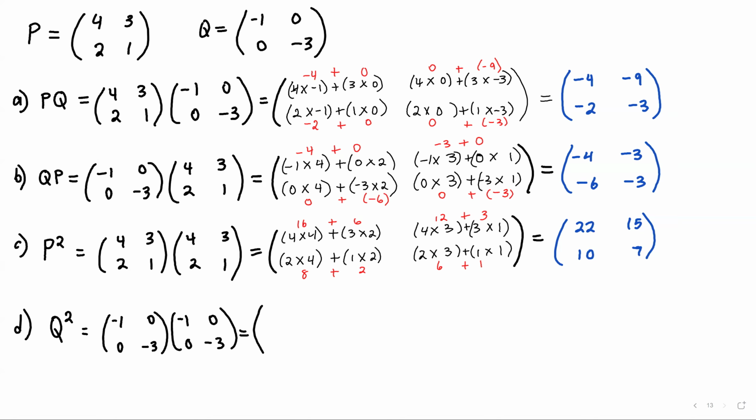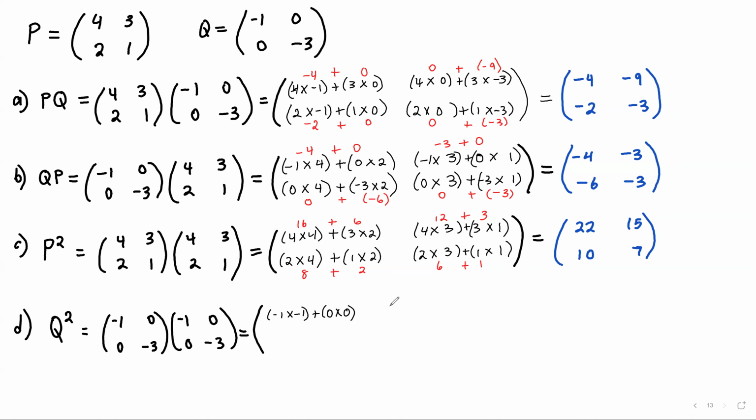Let's see. Row 1 times column 1. So -1 times 0 plus, I made a mistake. That's -1 times -1. Row 1, column 1. So row 1 is -1 times -1 plus 0 times 0.